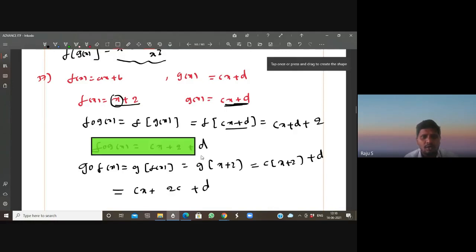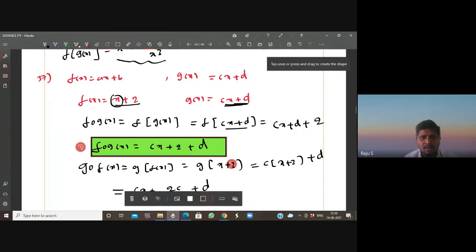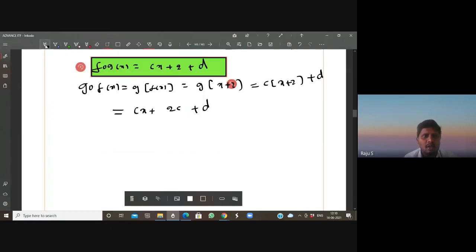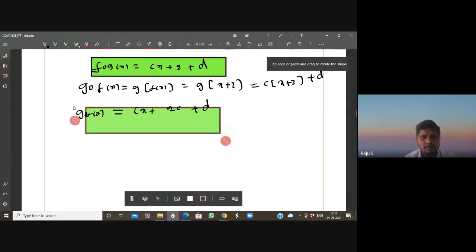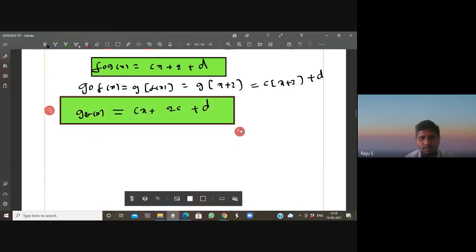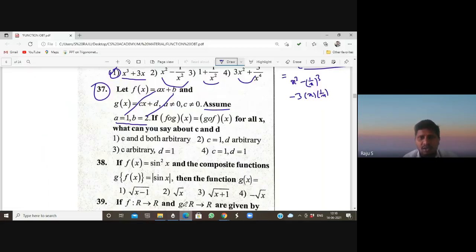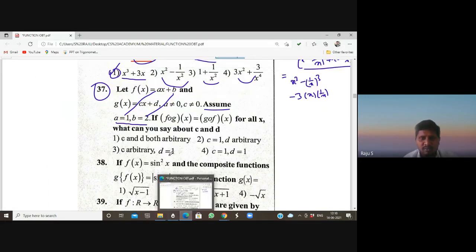So what do you observe here? This is f circle g, and that below one is g circle f of x. From these two equations, which one of the following options is satisfied?